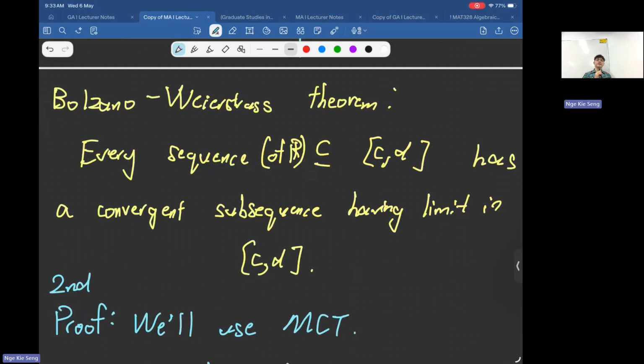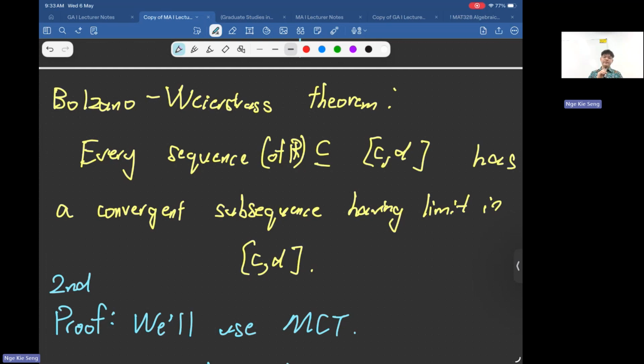In a closed bounded interval, meaning it is bounded above and below. So it's non-increasing and bounded below. By the monotone convergence theorem, the limit exists. Good. But then you need to show the limit must live in the closed interval. This is a similar argument to what we did before.